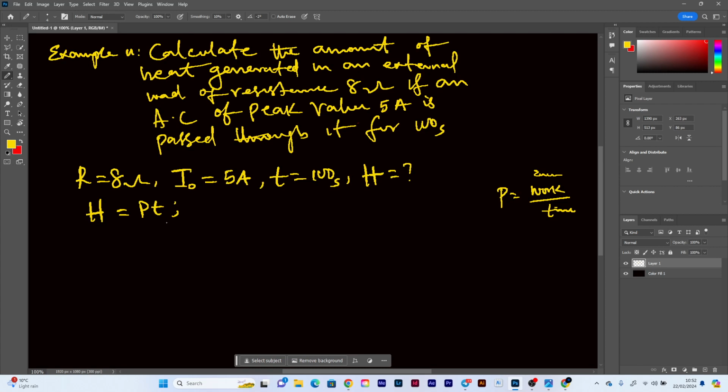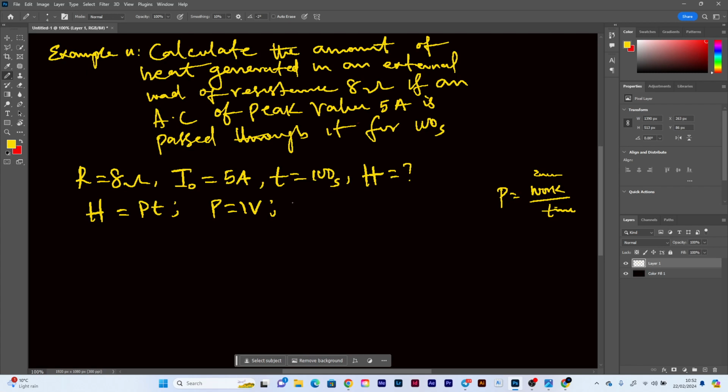So power is what? Power is given as work done over time. We know power is work done over time, but in terms of electricity, in terms of current and resistance, so that you understand very well, it's possible you must have forgotten. Power is given as IV, that's current times voltage. But in this question, there is no voltage, but we have resistance.